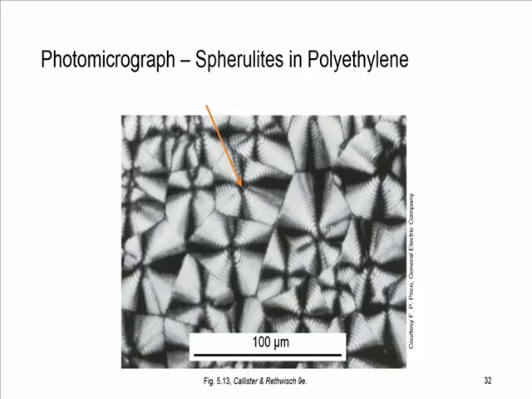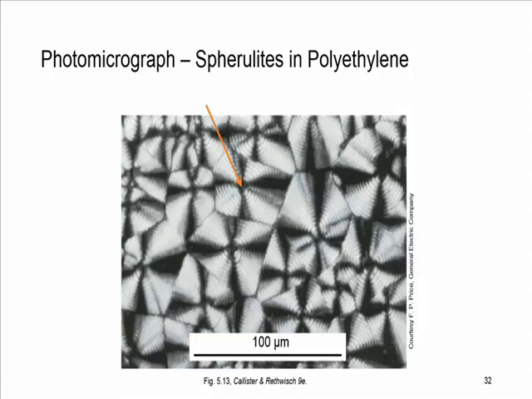This picture shows a transmission photomicrograph of a spherulite structure of polyethylene. Here you see a linear border between adjacent spherulite structures. They use cross-polarized light, that's why you can see a pattern of black and white here, and of course the black borders clearly here.